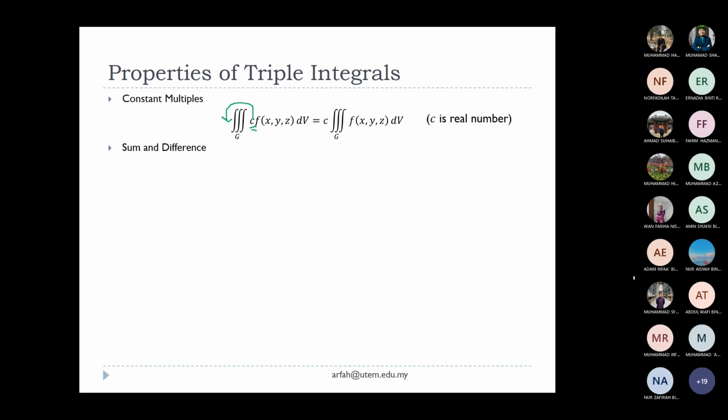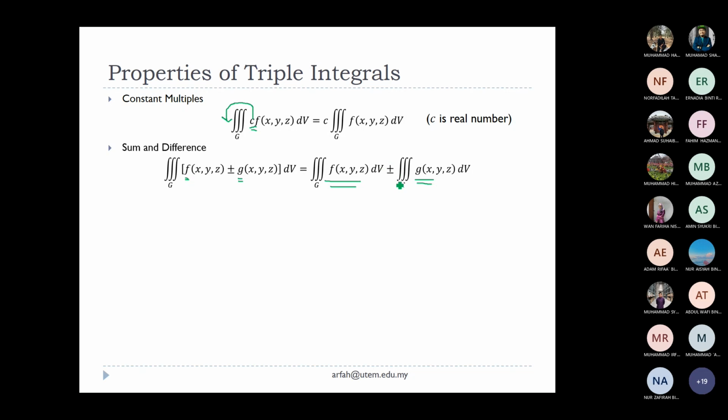Then kita ada another one, the sums and difference rule. Let's say awak ada dua function, function f and also function g. We want to find the sum and difference of these functions. Actually we can separate by finding the triple integral for function f first, and then you find the integration for function g.